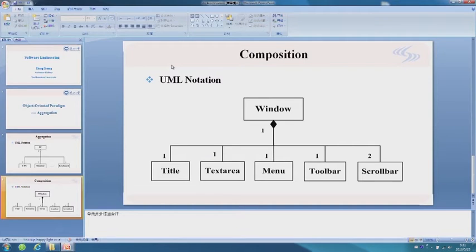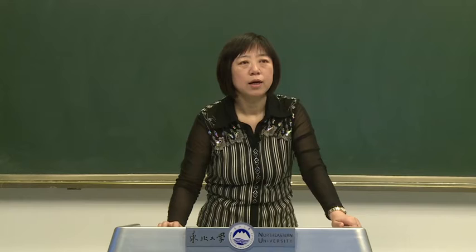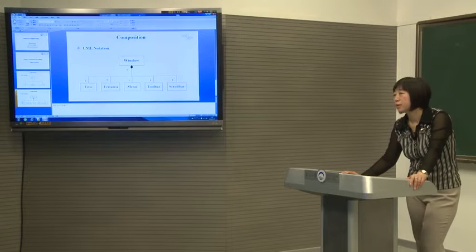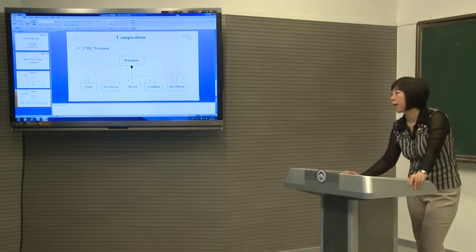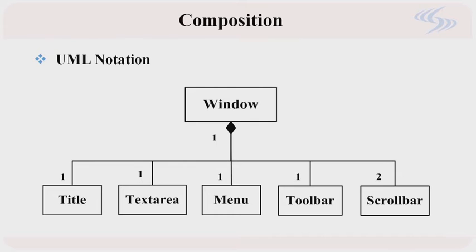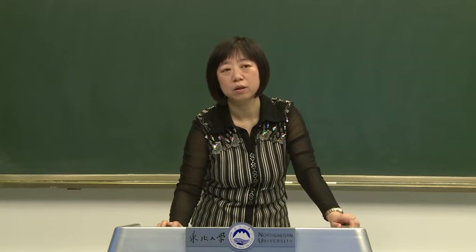Let's have a look at this window. How is it composed? We can see that it has a title, so we can call it a title bar. And this part is what? Menu. And this part is the toolbar. And this part is the text area. That means that you can edit in this area, and so on, right? And this scroll bar.